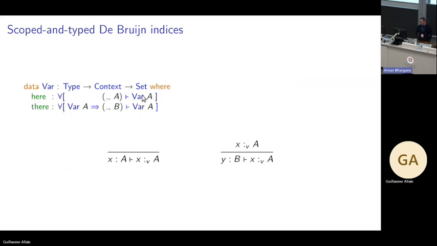And if you squint hard enough, you might notice that we're defining the type family Var indexed by types and context. Here it only shows up in the return type. So there's nothing to the left. So it's a bit like a base case. And here it shows up both on the right-hand side and also on the left of an arrow.